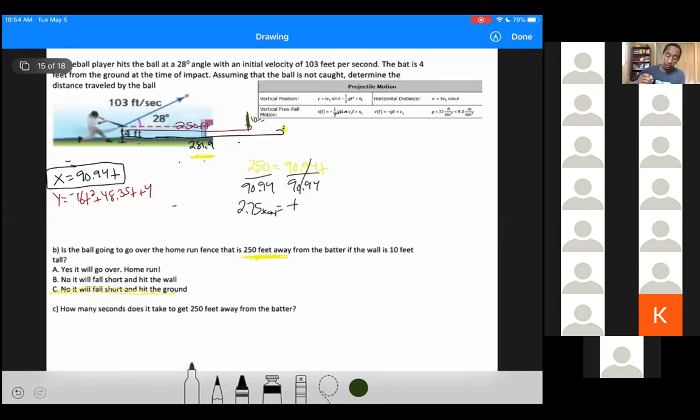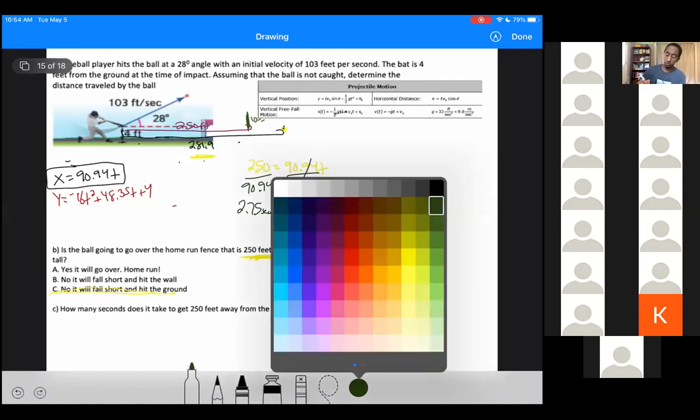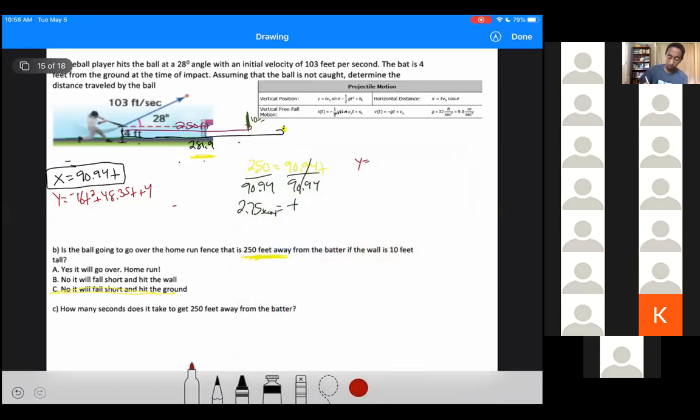So we can use that to then determine how high the ball was after that time by plugging it into the y equation. So y equals negative 16 times 2.75 squared plus 48.35 times 2.75 plus 4. That will tell us how high the ball was when it was 250 feet away.